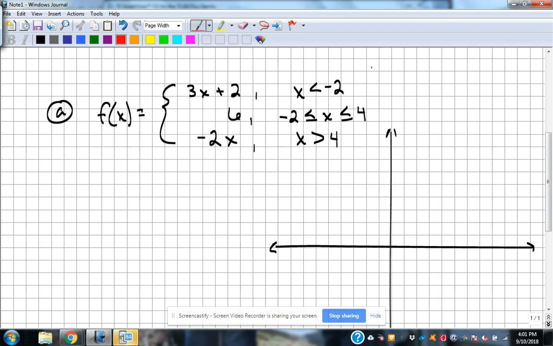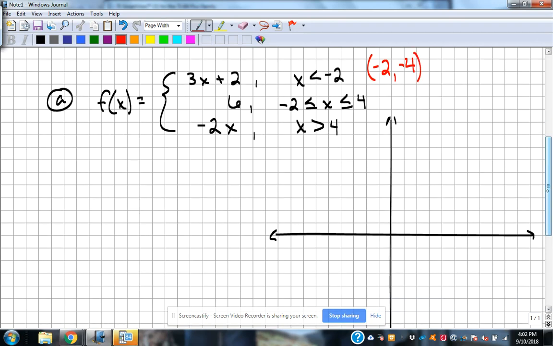So if I plug in negative 2 into this equation here, 3x plus 2, that's 3 times negative 2 is negative 6 plus 2 would be negative 4. That means at that point, that's the right-hand end of that particular part of the graph. So we would go to that point, negative 2, negative 4.